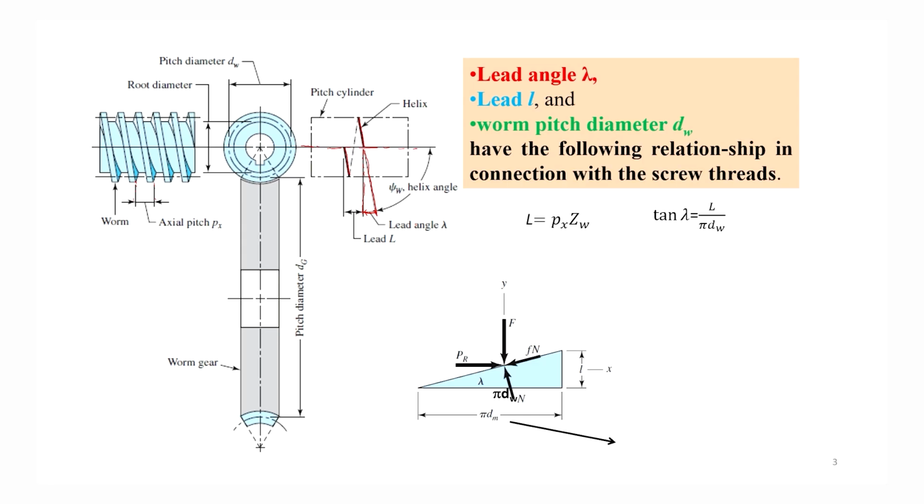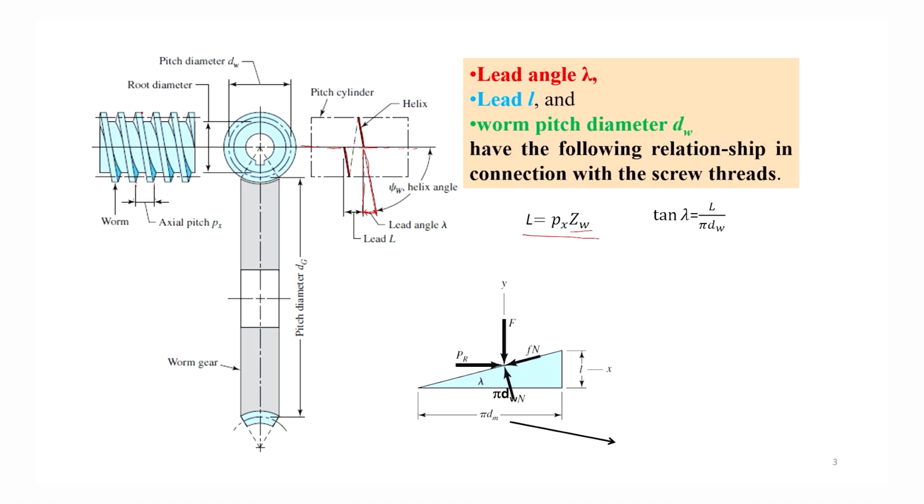The distance moved by a particular point when one complete rotation is given to the worm is called the lead, and lead is equal to the number of starts on the worm, which is the number of threads on the worm, multiplied by the axial pitch. So, lead is equal to Px multiplied by Zw, where Zw is the number of starts or the number of threads, the number of teeth on the worm.